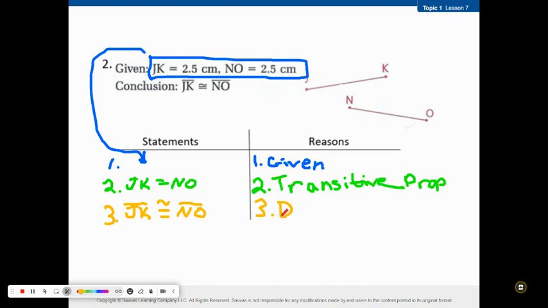Very good. Definition of congruent. This should be segments. Questions on that? This transitive property, guys, get cozy with it.